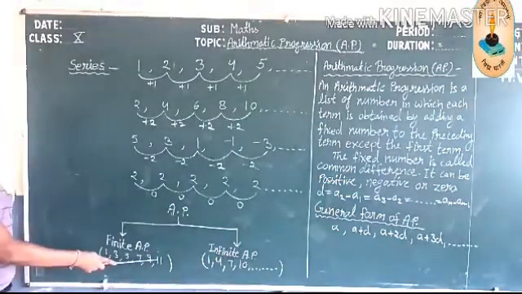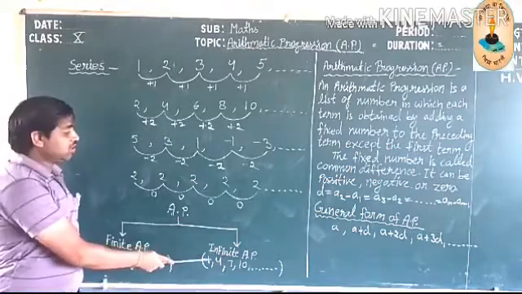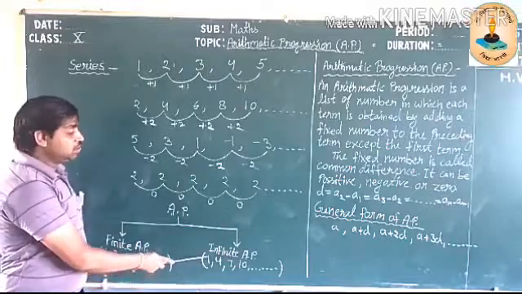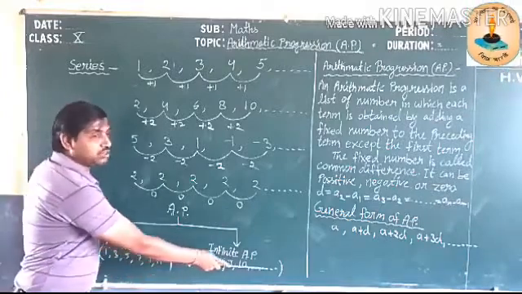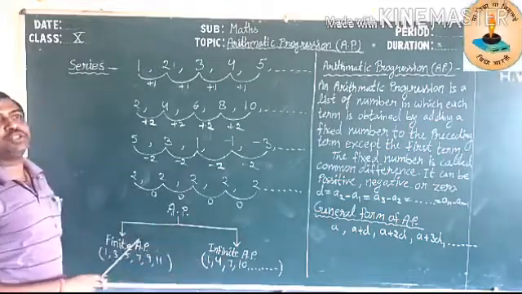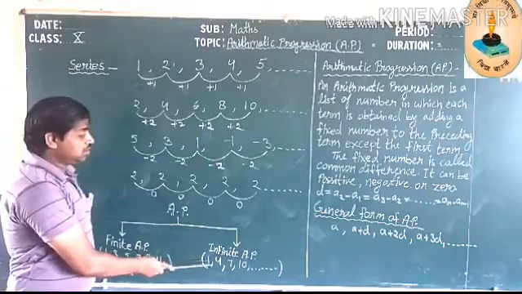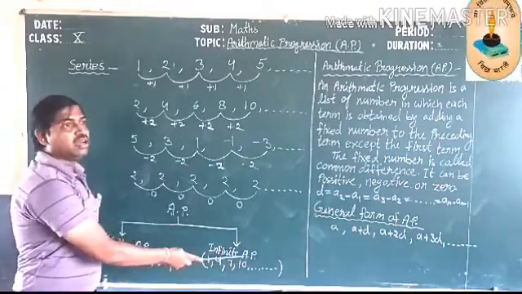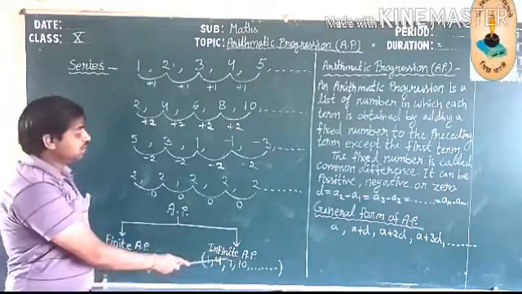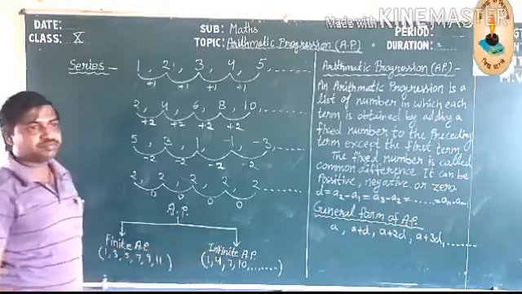So this series is a finite AP. We take another example, 1, 4, 7, 10. You see that here dots are present. These dots show that the series continues up to infinity. So in this series, the number of elements is not countable. Means infinite terms are present in this series. So this is known as infinite AP.